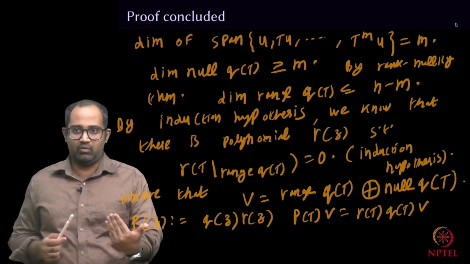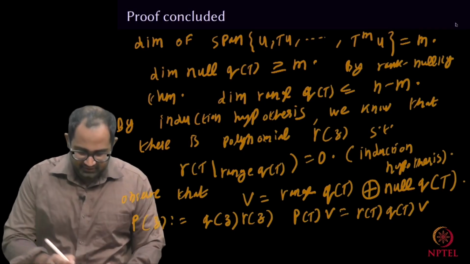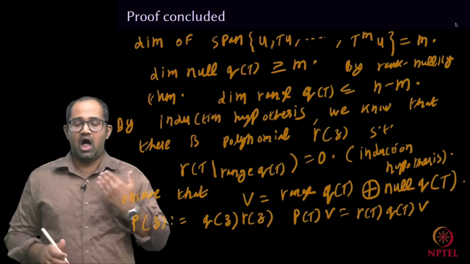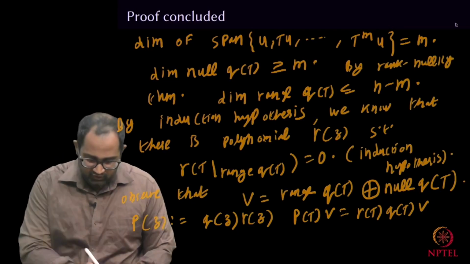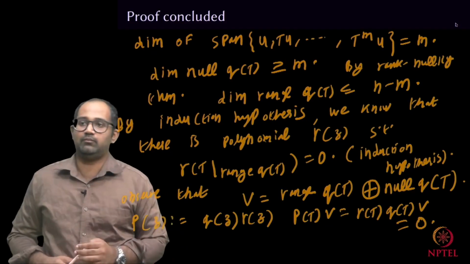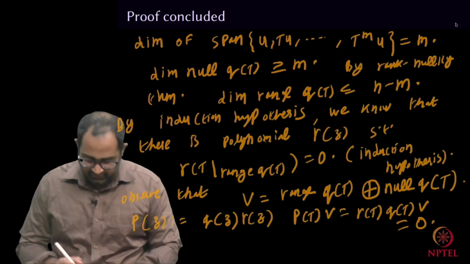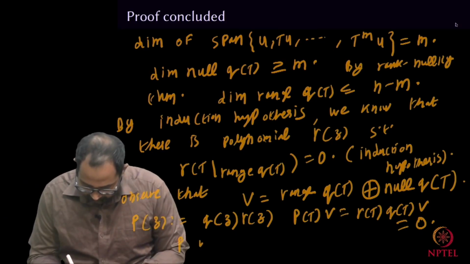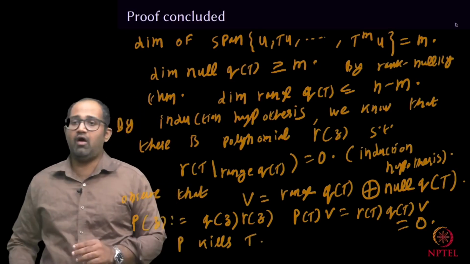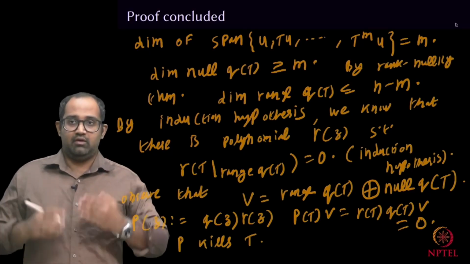That's how R was chosen. So this is 0. So the net conclusion is P kills T. We have found an annihilating polynomial of T.